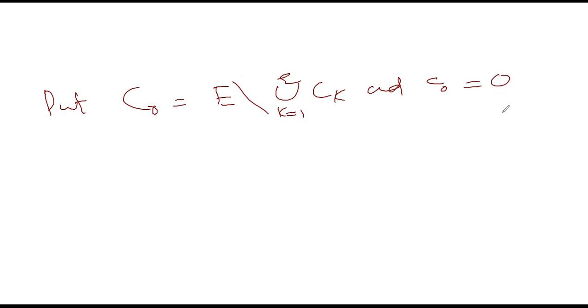Then again these Ci's are pairwise disjoint, as I have already explained. The sets Ai's and Bj's are pairwise disjoint, and then the Ci's are pairwise disjoint.